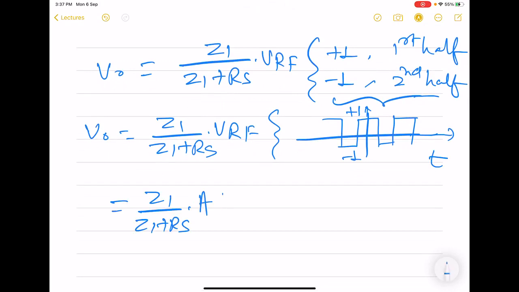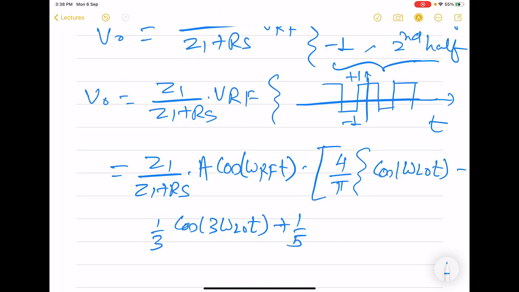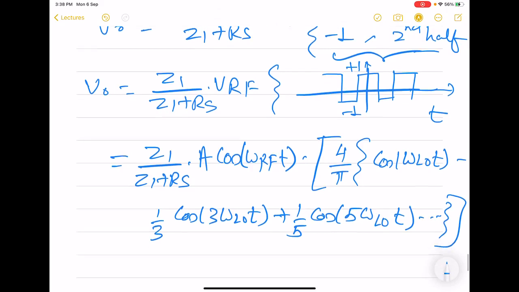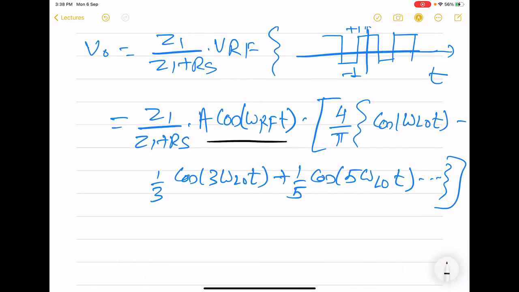And this VRF, let us say, is A cos omega RF T. So now to find the IF part, we need to multiply this with the fundamental in the spectrum of the square wave.